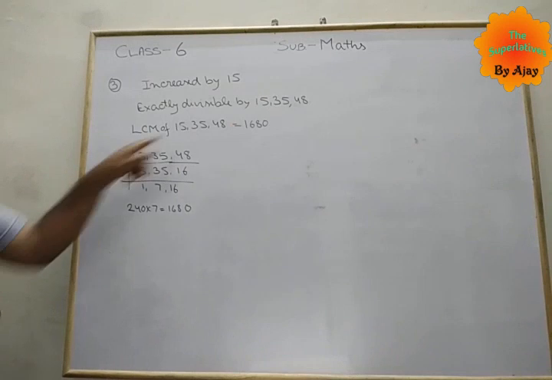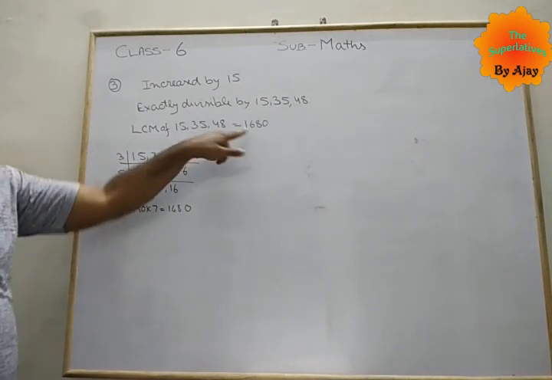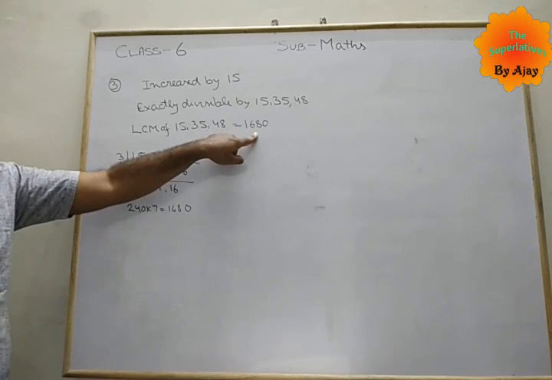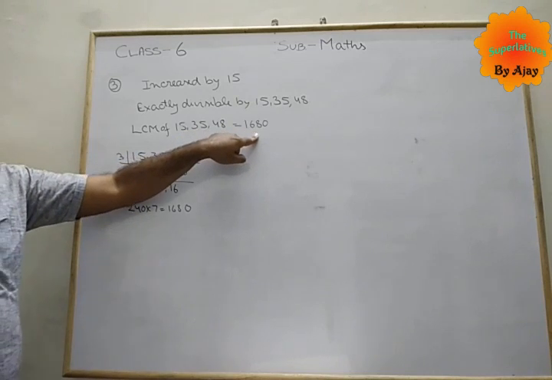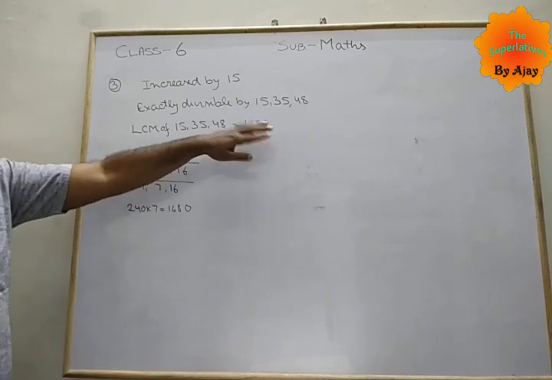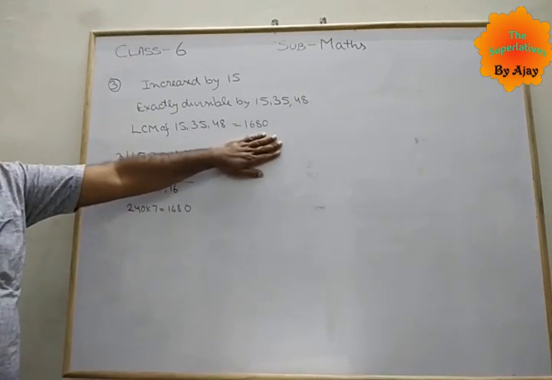1680 is the lowest multiple which is divisible by these three numbers. And the question says find the least number which when increased by 15 is exactly divisible.